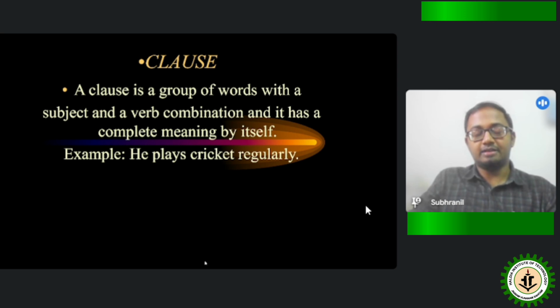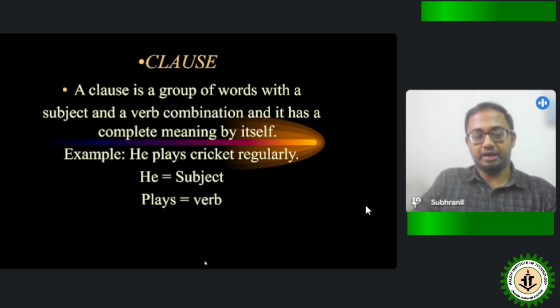First of all, let's see whether it is a group of words or not. Yes, it is. There are four words and they are arranged in an order. Now, moving on to the second condition, it has a subject, that is he, and a verb, plays. So it satisfies the second condition as well.